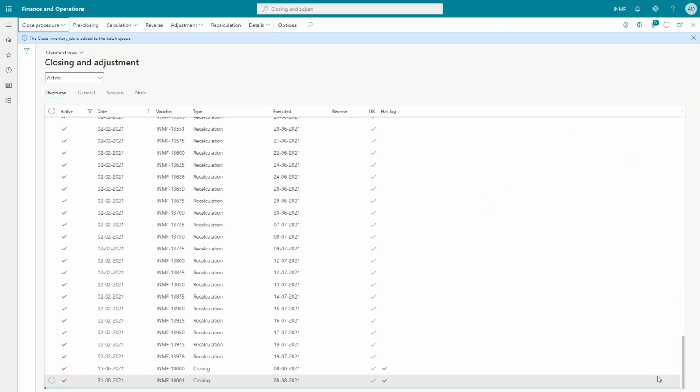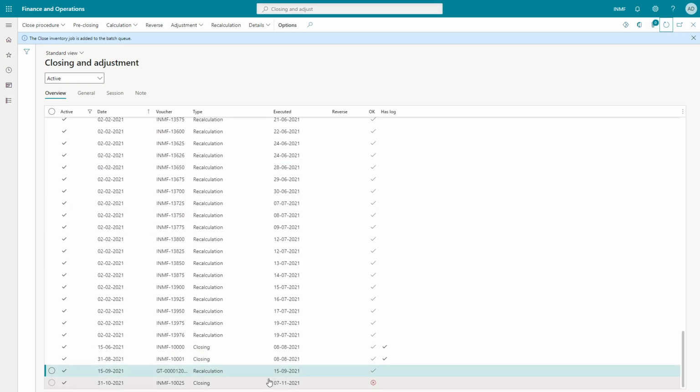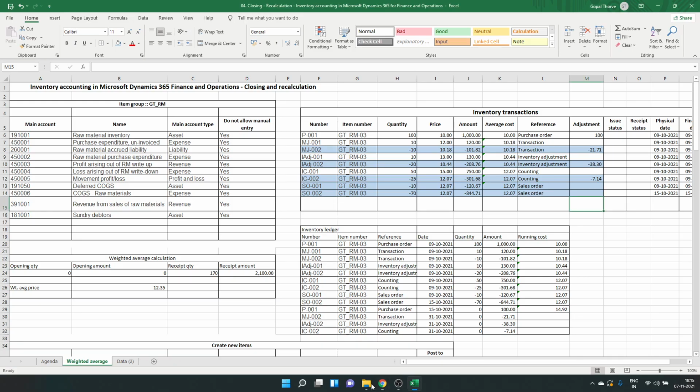So it is submitted to the batch jobs. Once it executes, this OK checkbox will be marked with green. Let's see after some time. Meanwhile, we will analyze the further accounting.